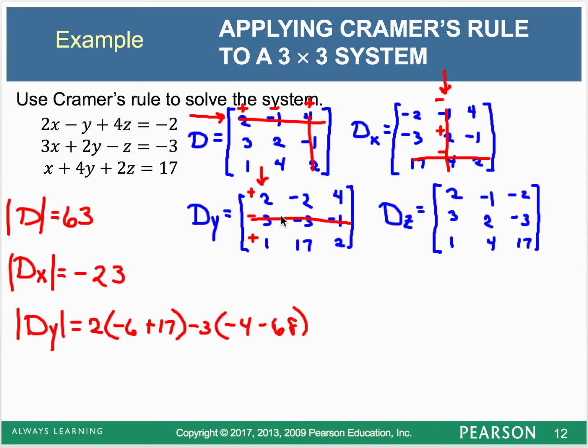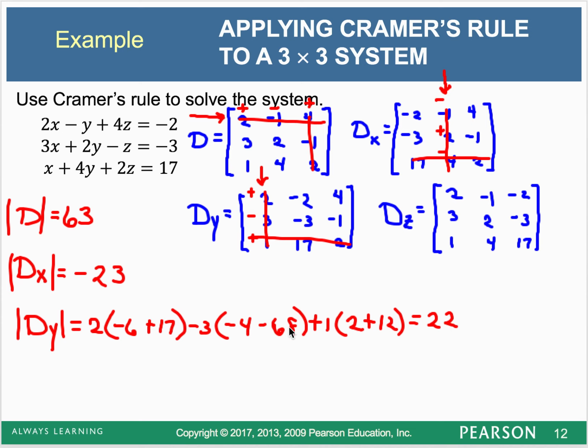And then we have a positive 1, and 2 minus negative 12, so 2 plus 12. 17 minus 6 is 11 again, so there's that 22.